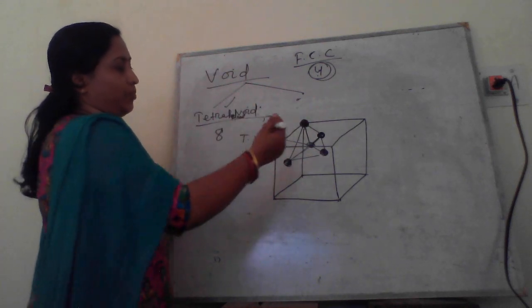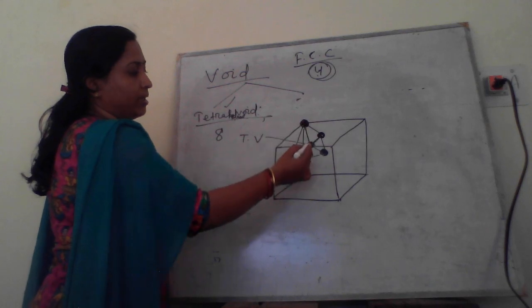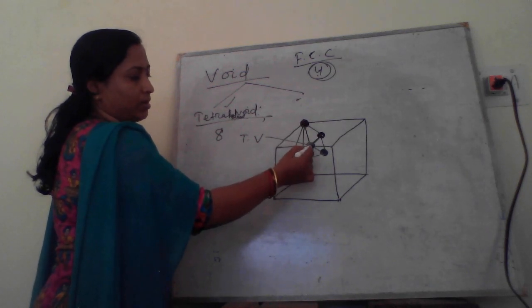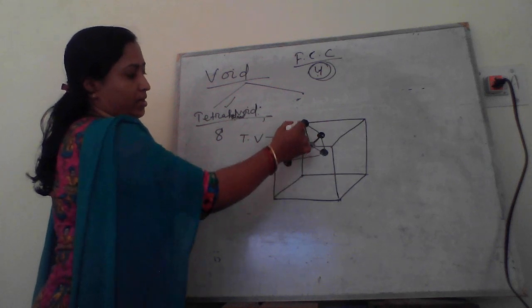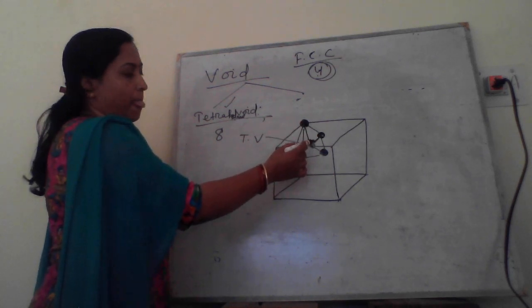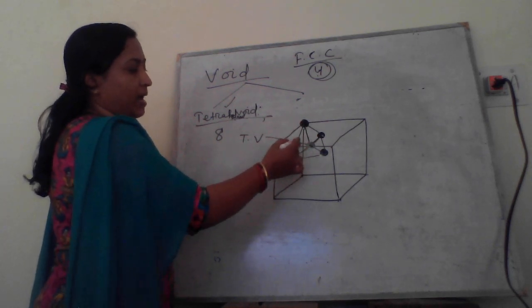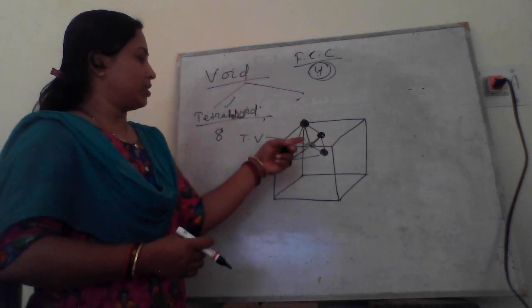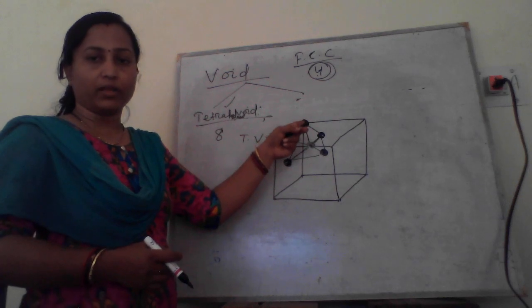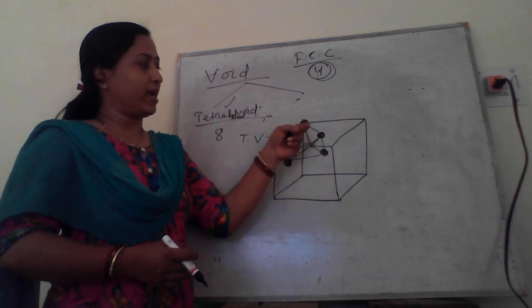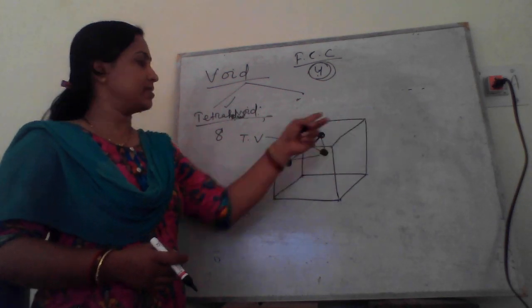This is another plane. And when we join the central portion, look, this portion is a void. These 4 atoms touch each other, so this portion is a gap, that is a void. So this void is known as tetrahedral void. So this is from one corner. Likewise, we will draw from this.